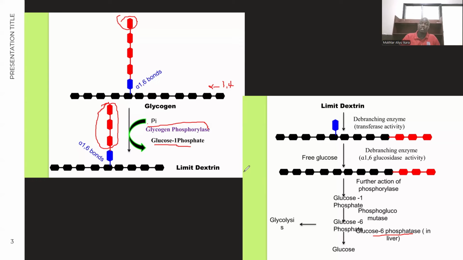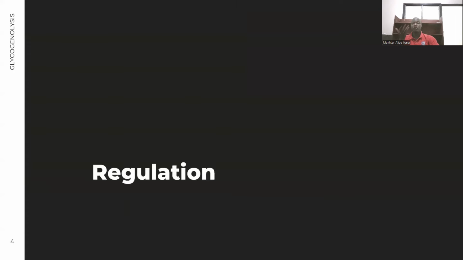That is where you need the action of the debranching enzymes. So these are the steps and the pathway of glycogen breakdown, or glycogen degradation.